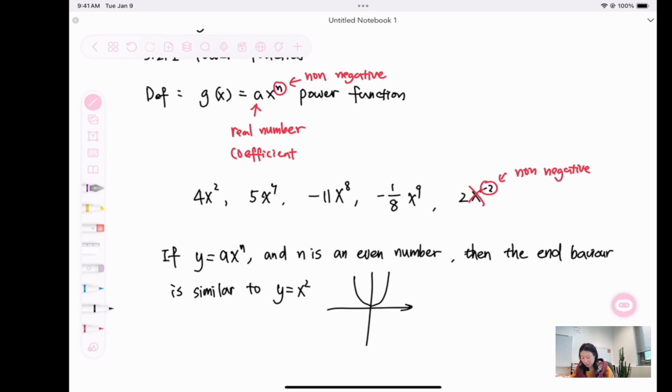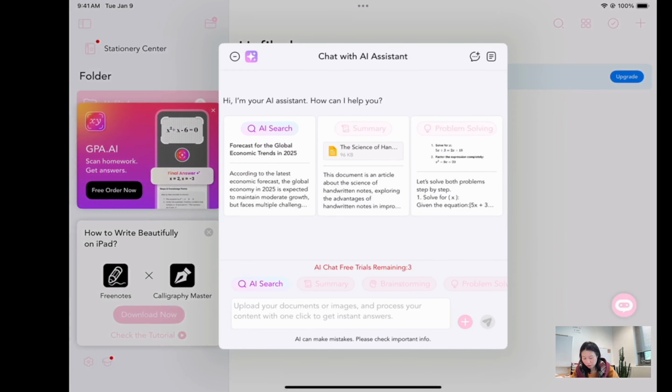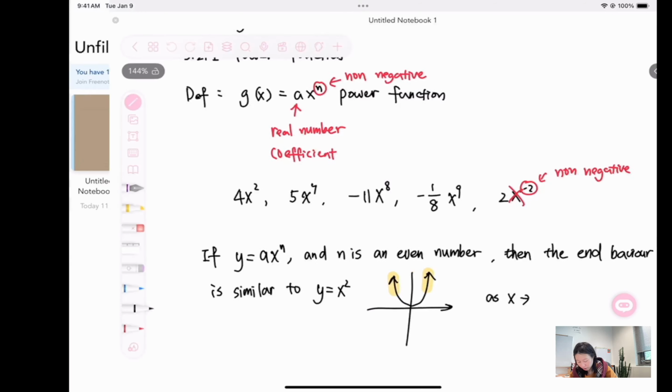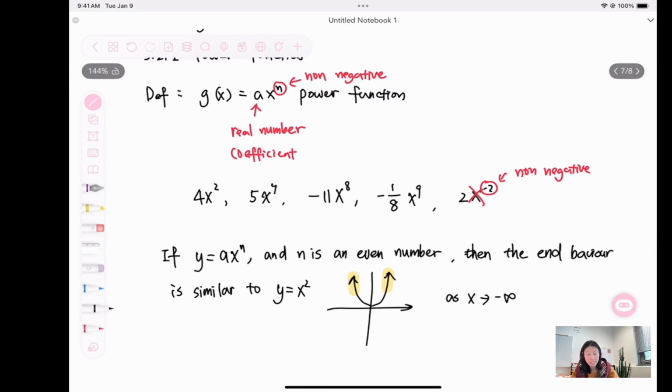The end behavior means what happens at the end parts, these two parts. Usually we talk about it as x goes to the far left, which means as x goes to negative infinity, that means going to the left. What happens to y? y goes up, which is positive infinity. As x goes to positive infinity, which means x goes to the right, y also goes up in this case.